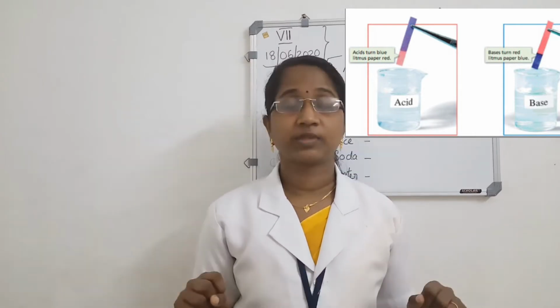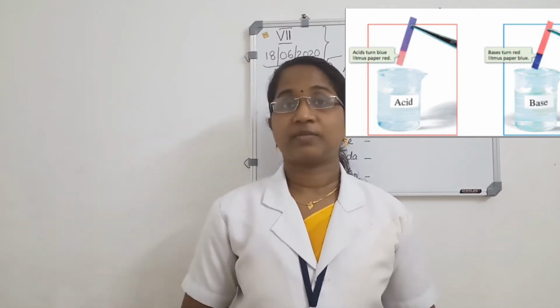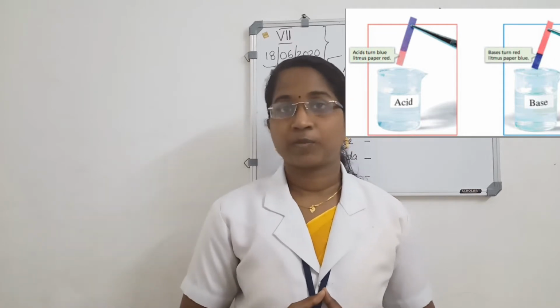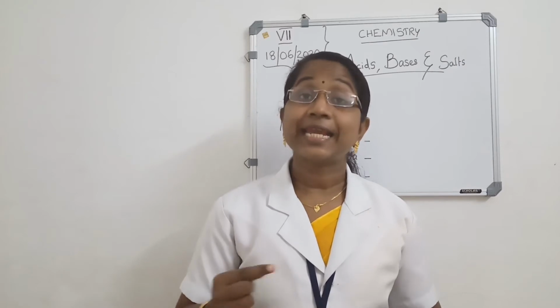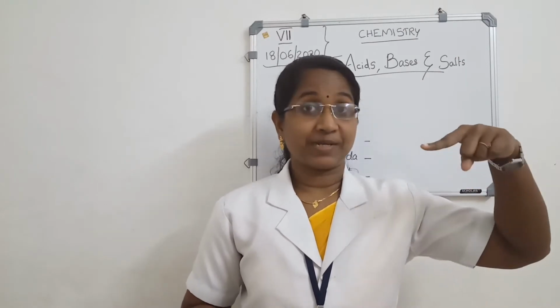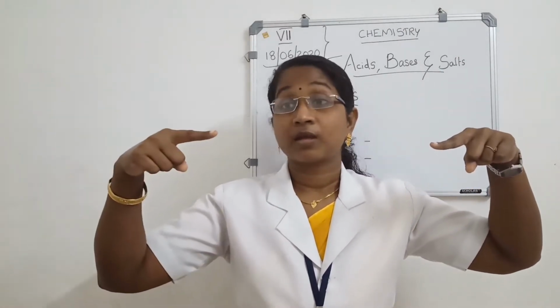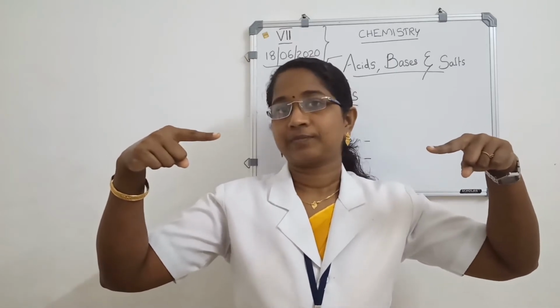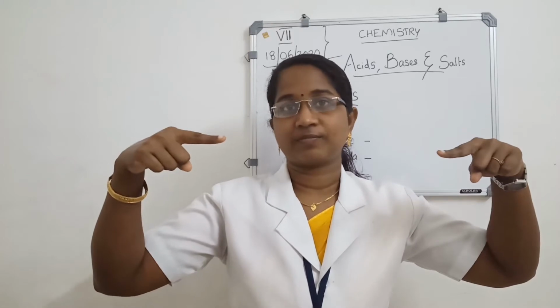Now, let's try to test some solutions with litmus paper. First one, lemon juice. Take a few drops of lemon juice and add on a blue litmus paper. Similarly, a few drops on a red litmus paper. Then observe the color change.